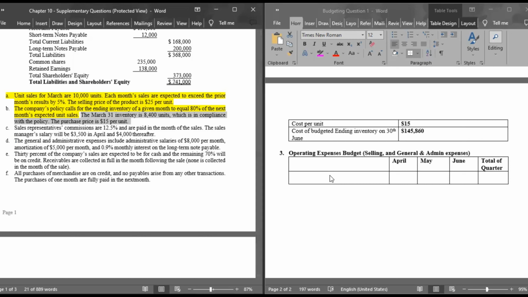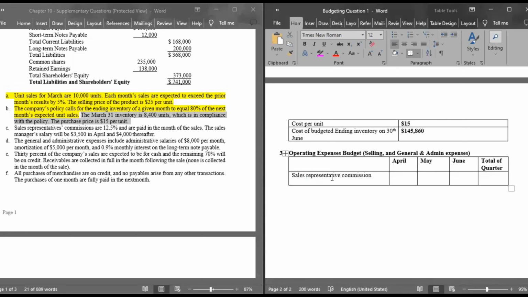So this is the first operating expense. The first operating expense will be sales representative commission, and this commission is 12.5%.